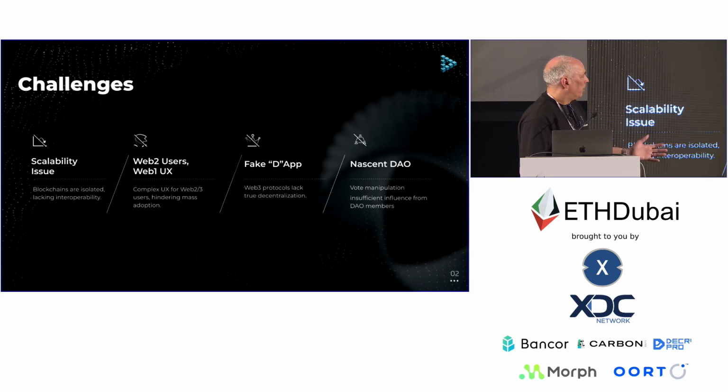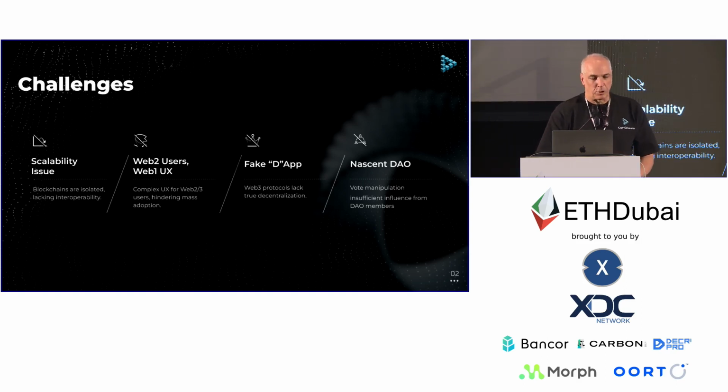The problem with what I call fake dApps. They're not really decentralized applications, some of them, and they don't exhibit true decentralization. And the problems of DAOs, which aren't really decentralized.